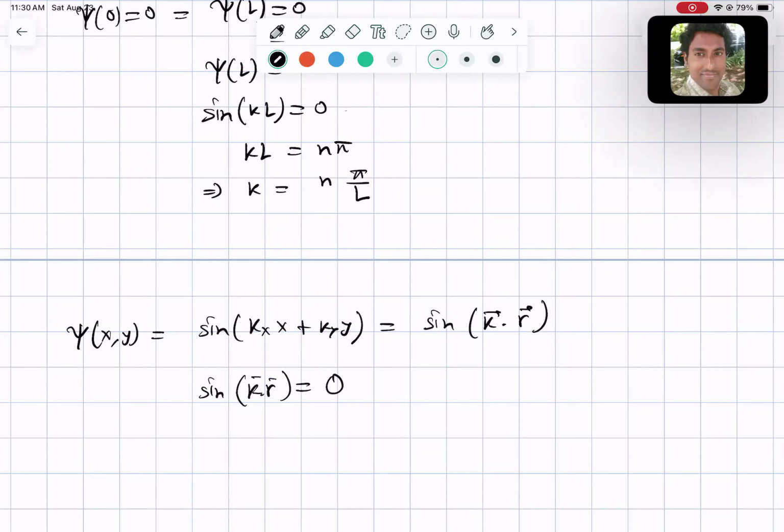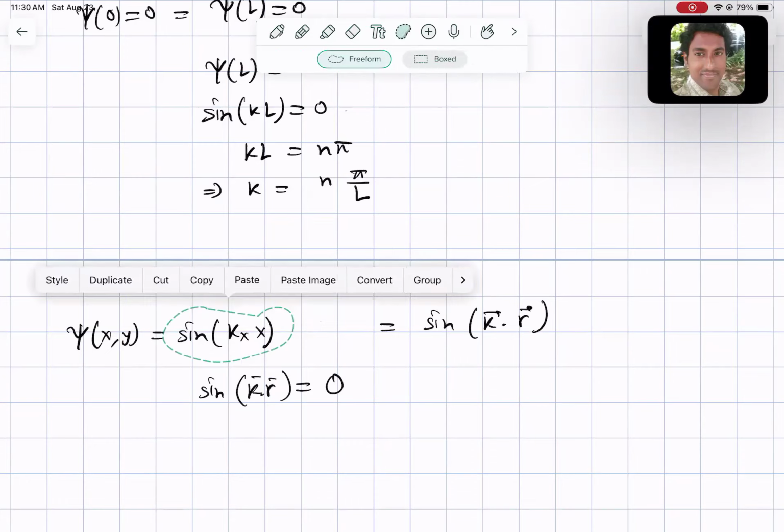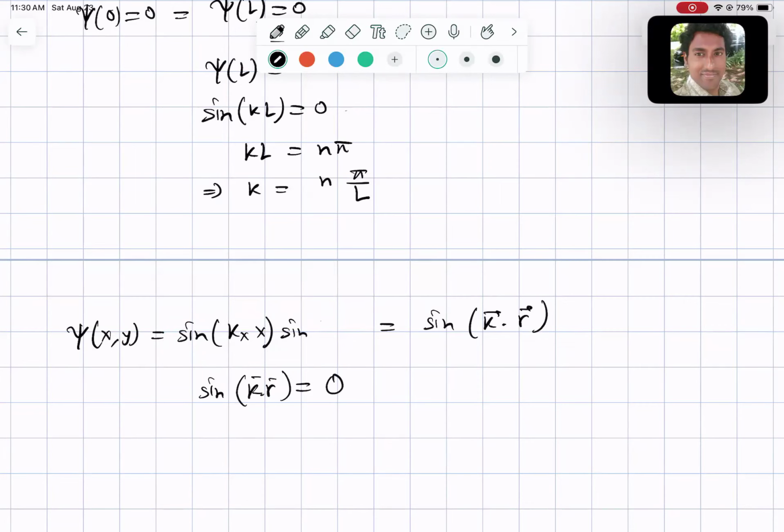And I think, oh no, wait a minute. For 2D case, we consider the wave to be, we use separation of variable method. So the solution becomes this, kyy. Let's write it like this. That's easier. Okay.